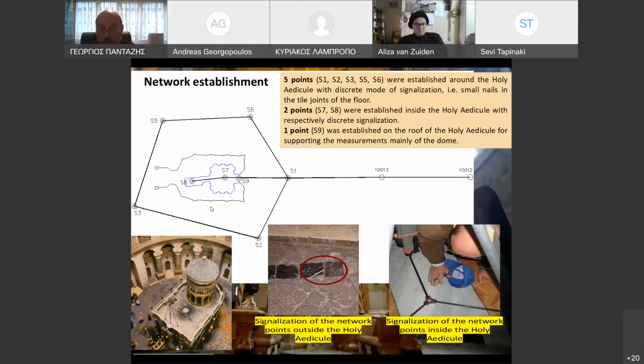The network points are 5 points which were established all around the Holy Edicula by using a special marker.